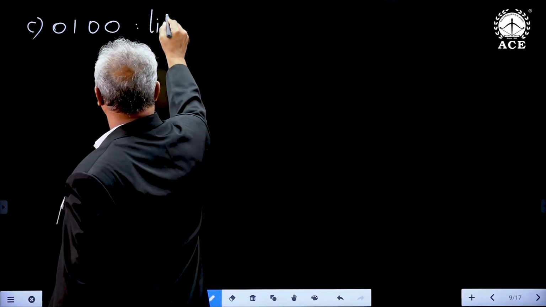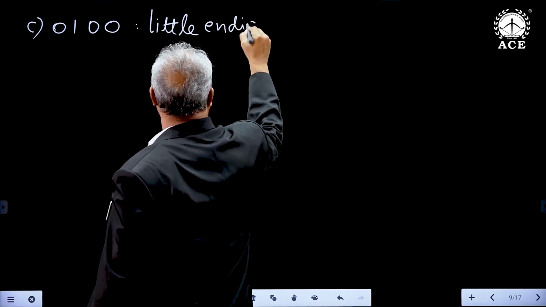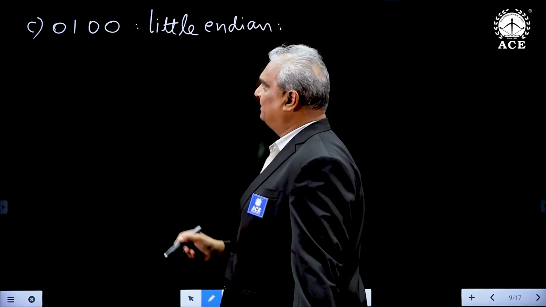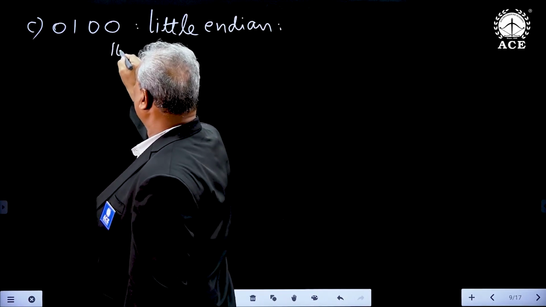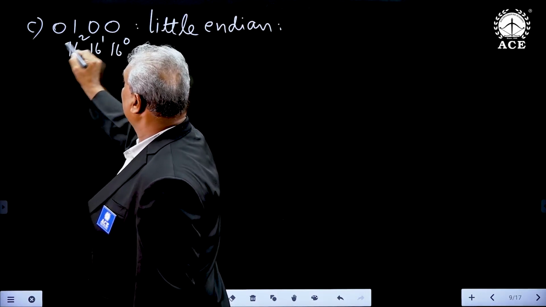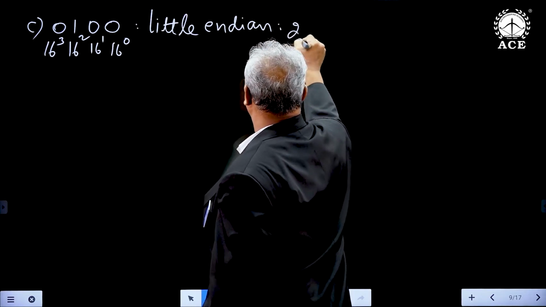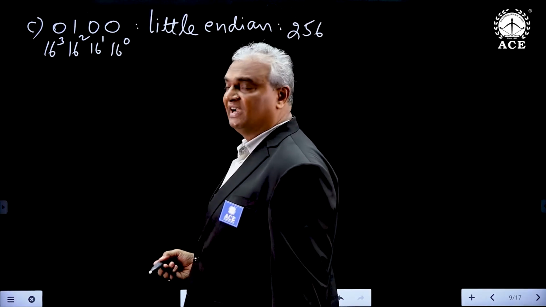It is little endian. What about the value for the same in decimal? Here 16 power 0, 16 power 1, 16 square, 16 cube. So what about this value? 16 square means 256. It is little endian.